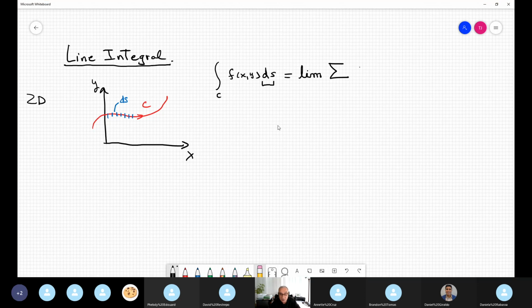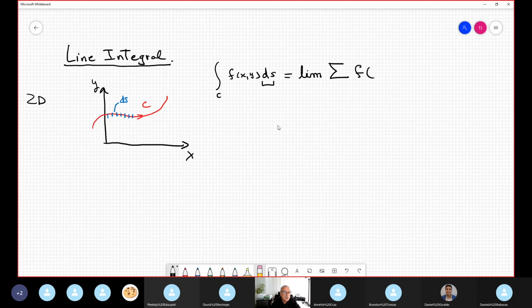Entonces you take the function, and you evaluate, for example, here, in one piece, in one arbitrary point, that normally I call x star, y star, and this indicates it's a totally arbitrary point in between ds, the infinitesimal segment, that actually you can consider like a segment.